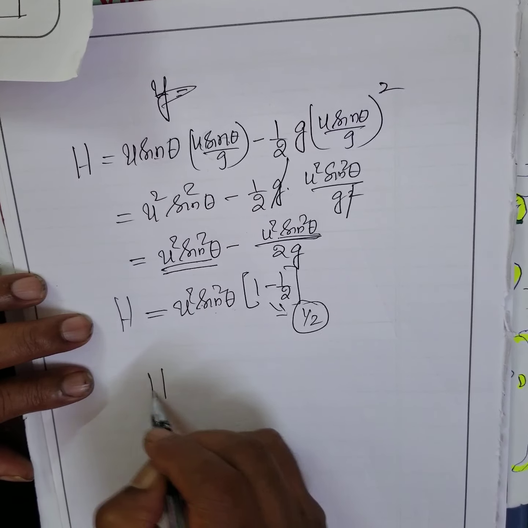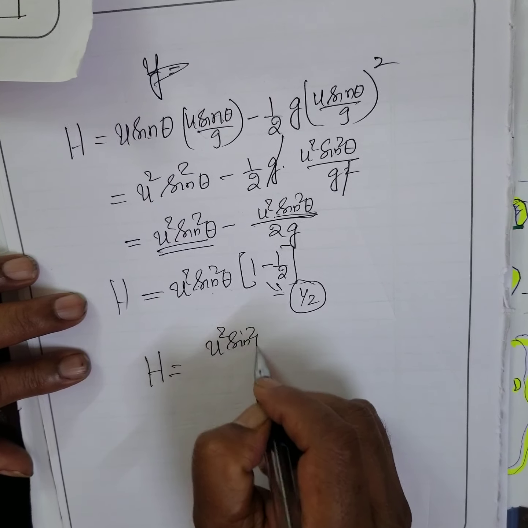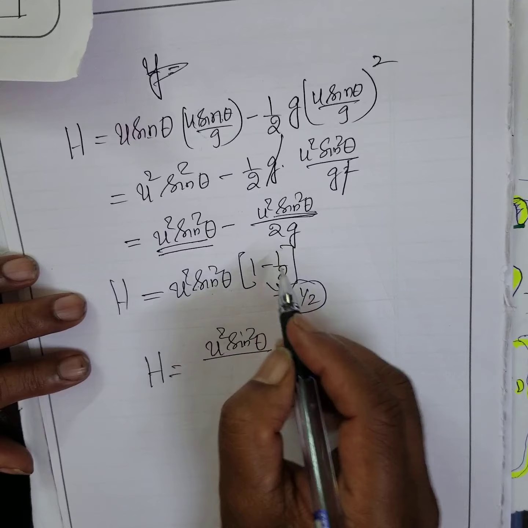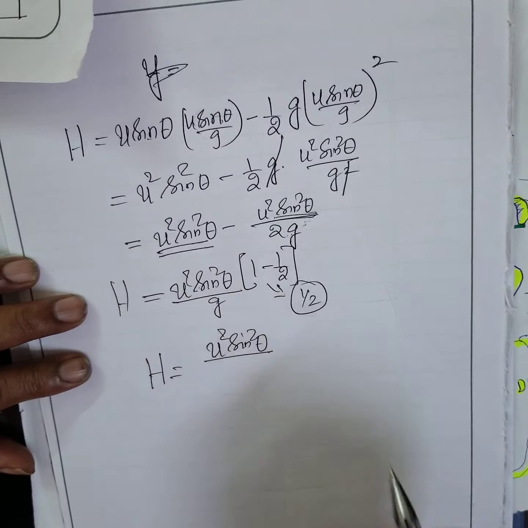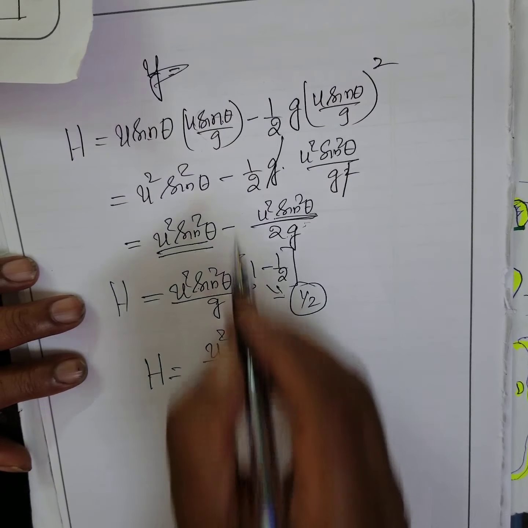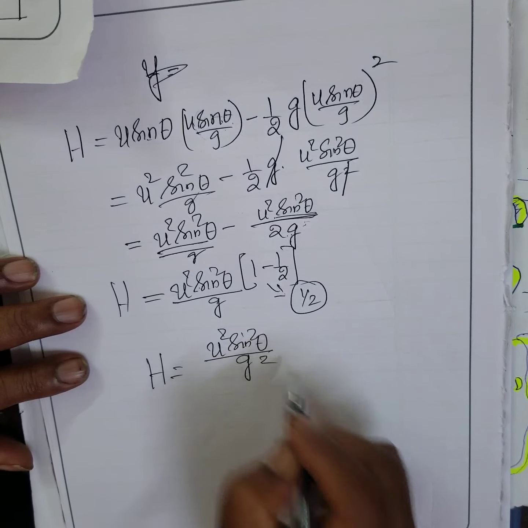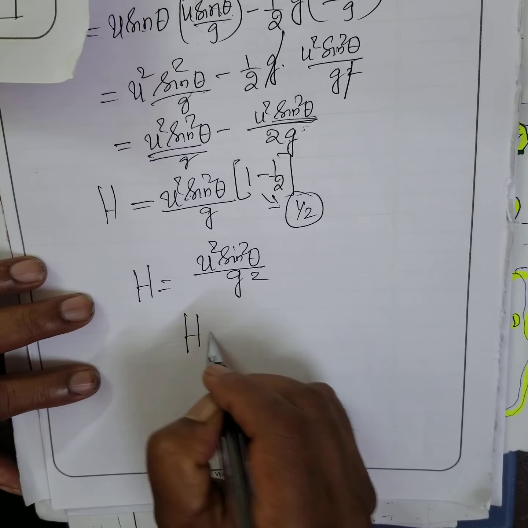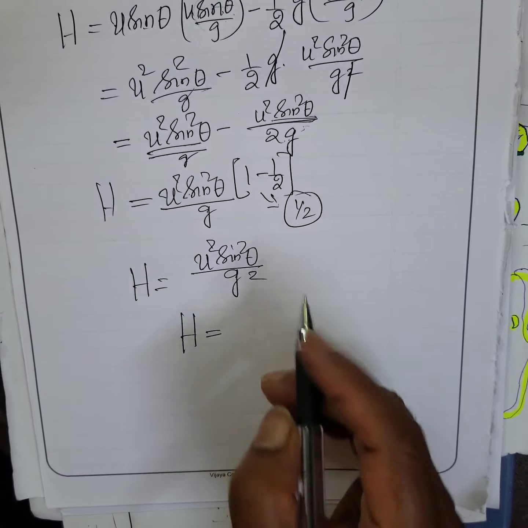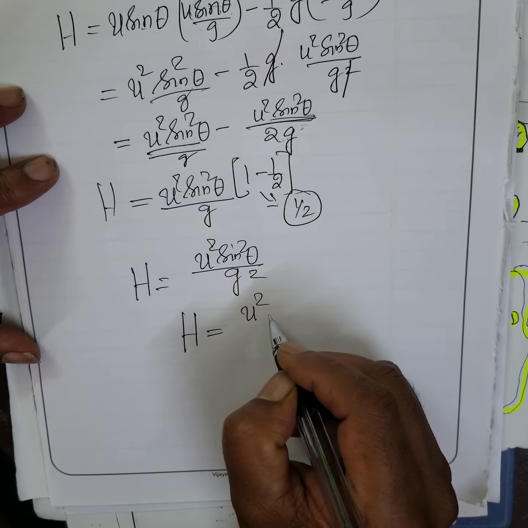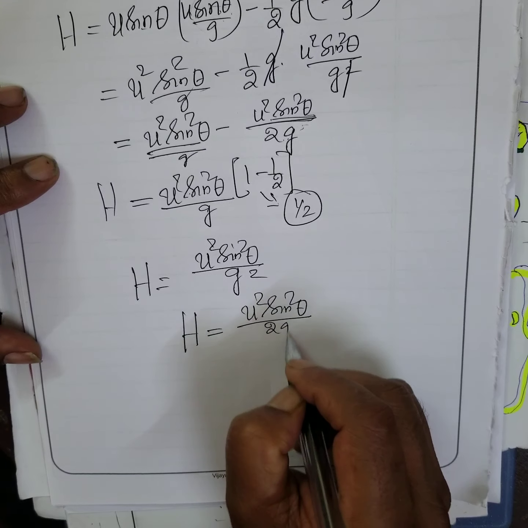Therefore, the maximum height is equal to u square sin square theta by 2g.